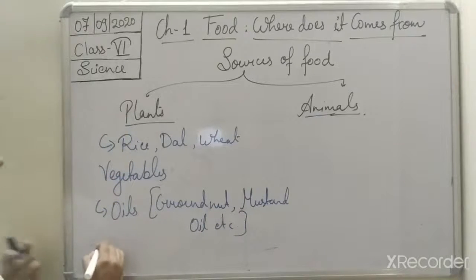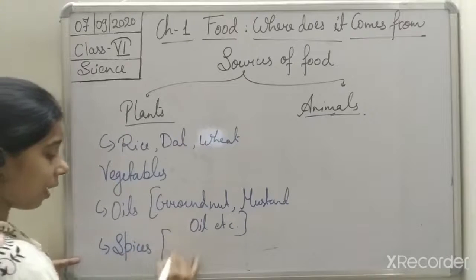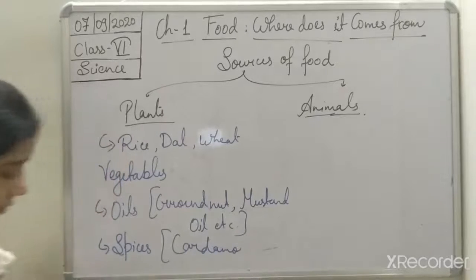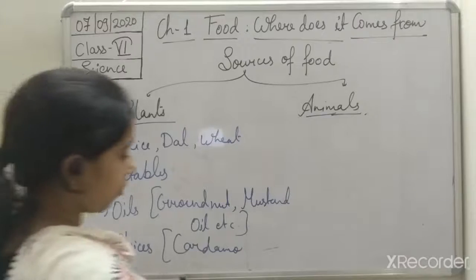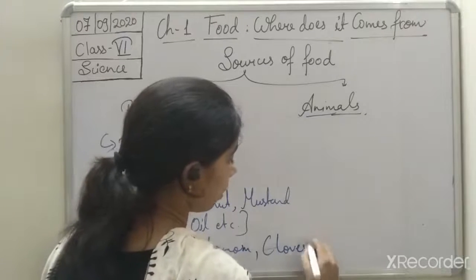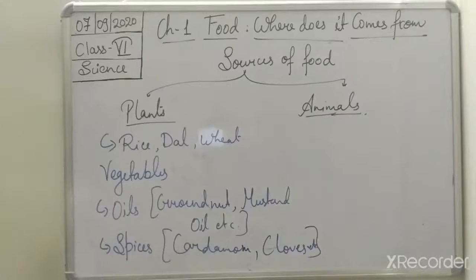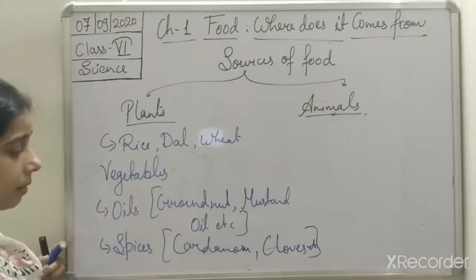Then not only this, but spices. These spices, like cardamom or cloves, are the different kinds of spices that we get from plants.